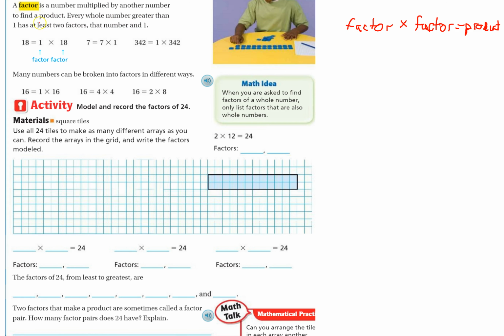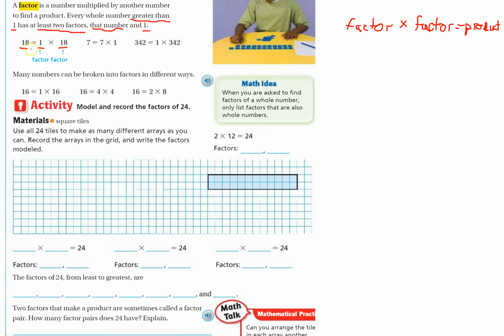Every whole number greater than 1, so it's got to be greater than 1, has at least 2 factors. That number, whatever that number may be, and the number 1. So for example, for 18, there's more than these two, but 1 and the number itself, 18.